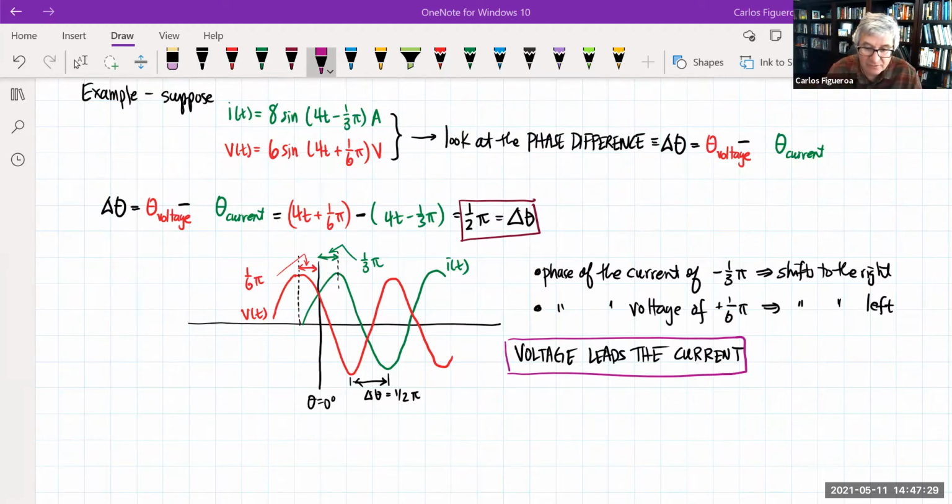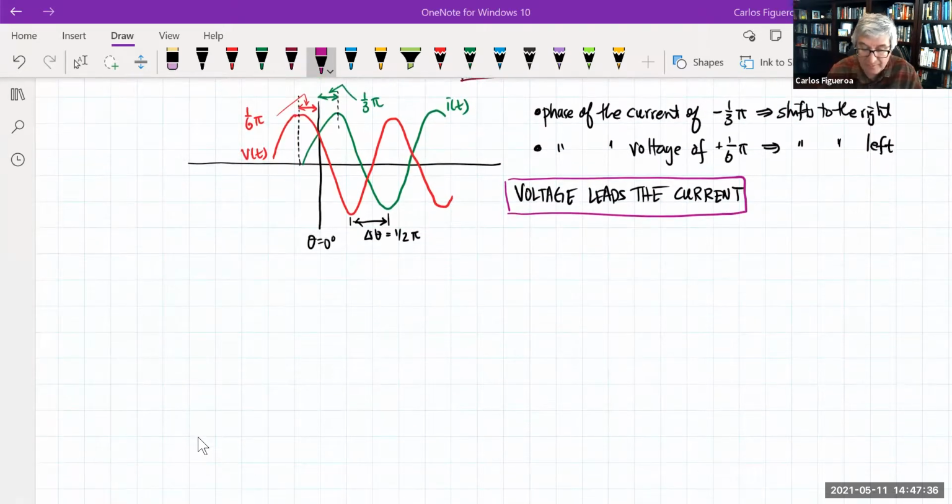Why do we have to do phasor form? And what I'm going to do here is do this by example to show you what I mean.